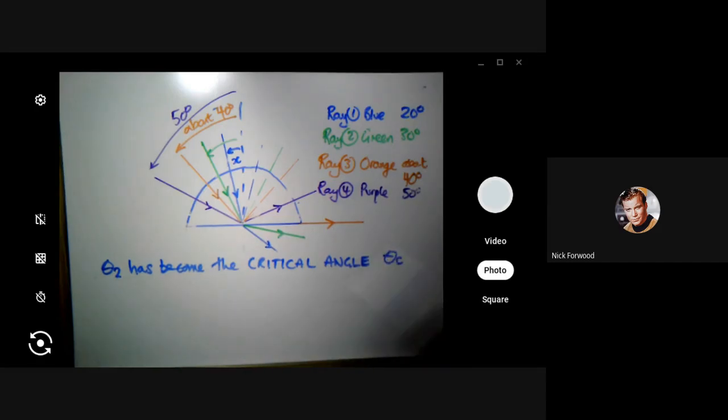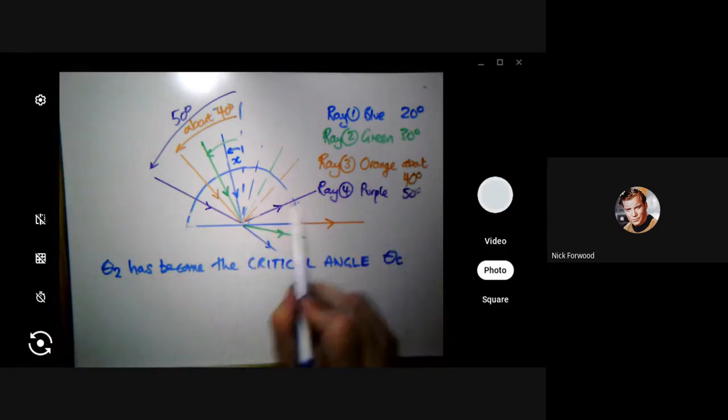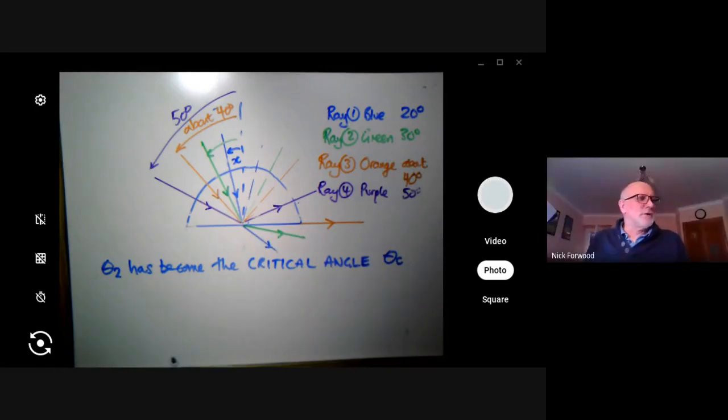Okay, so this would be theta 2 is 20, this is theta 2 is 20, this is theta 2 20, 30, this is theta 2 40, but we're going to now call it not any old angle, we're going to call it the critical angle for coming out at 90 degrees. Anything bigger than the critical angle stays totally internally reflected. Theta 2 has become what's called the critical angle.